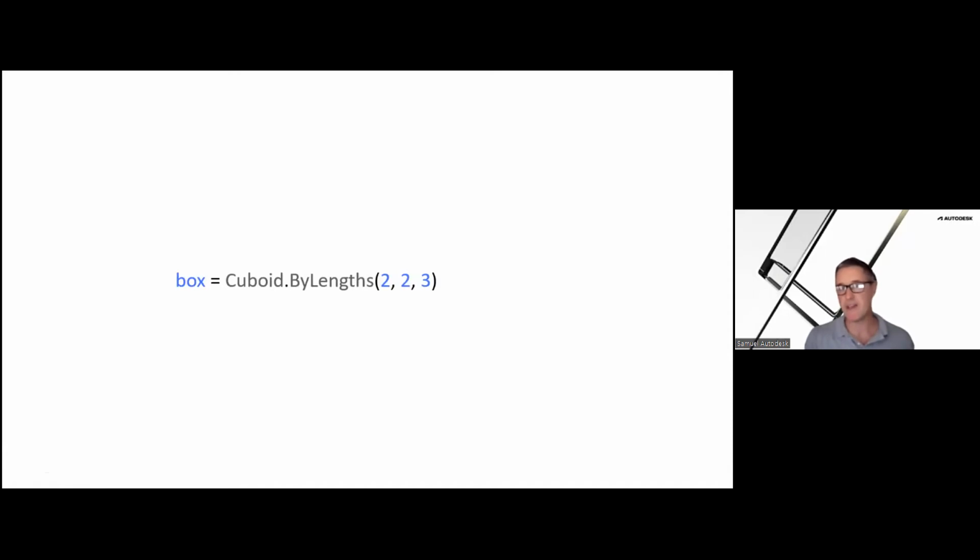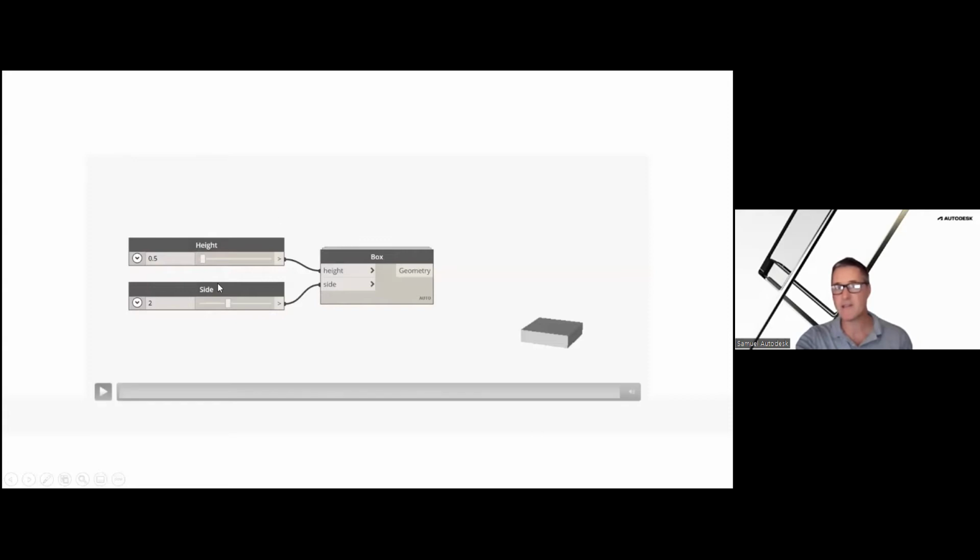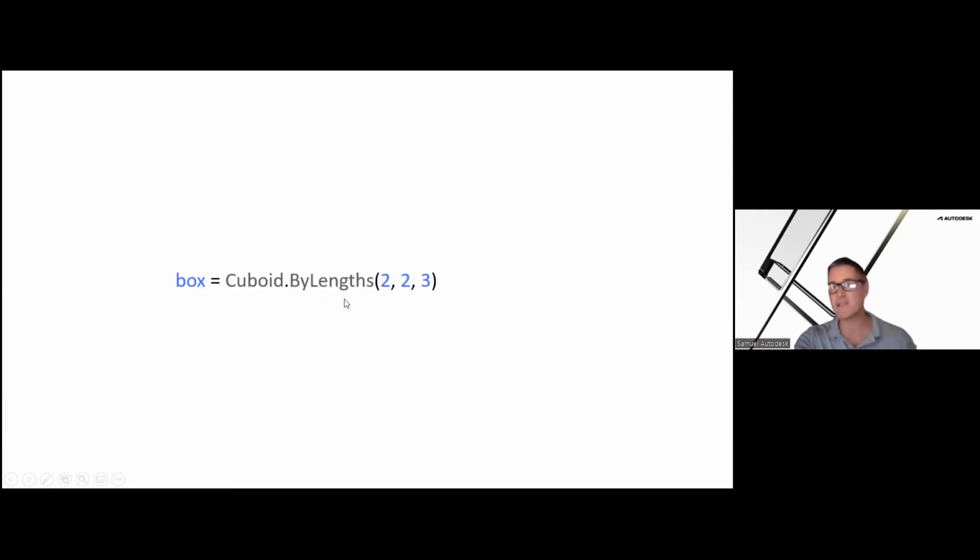Behind this visual interface is this type of code or this type of calculation. So the box equals Cuboid.ByLengths, with 2, 2, 3 for the parts of the box. It's simple. When you look at this interface, the slider interface, and then this is the code behind it.